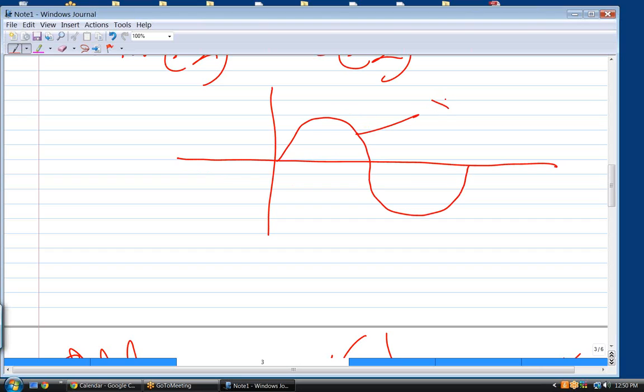That's the sine function. Not only memorize the two curves, but memorize everything you see on here.